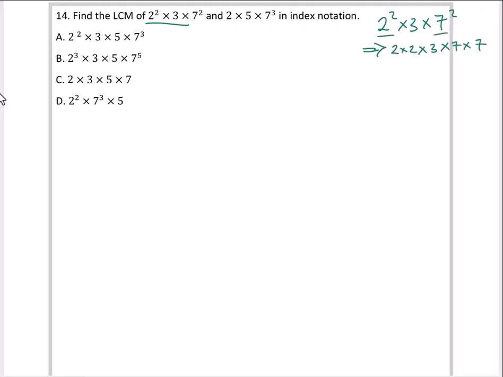Okay, so 2 times 2 is 4, 4 times 3 is 12, so we are left with 12 times 7 times 7. So let's do that. 12 multiplied by 7. 7 times 2 is 14, so you write 4, you carry 1. 7 times 1 is 7, plus 1 is 8.